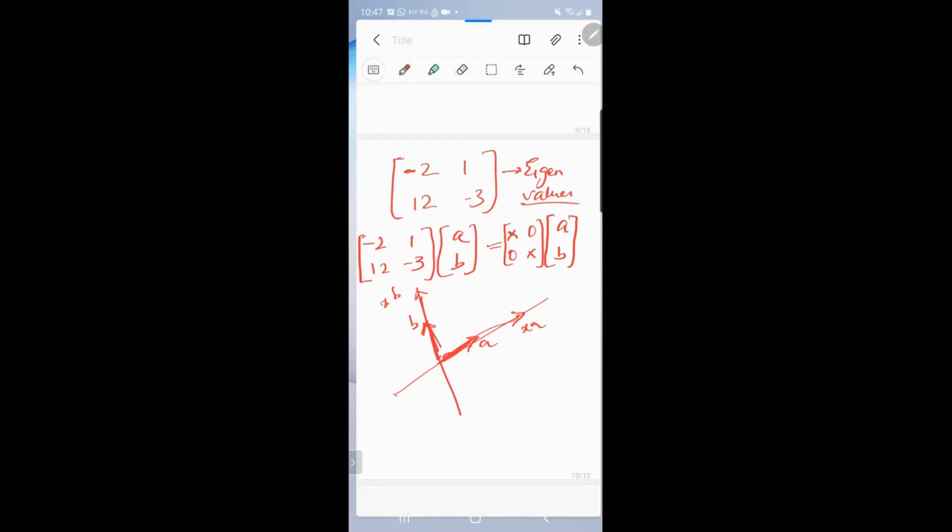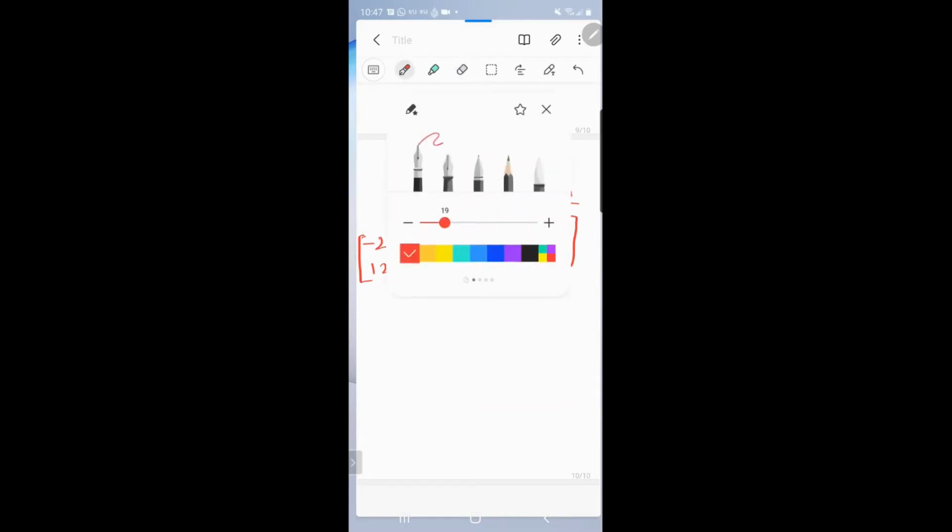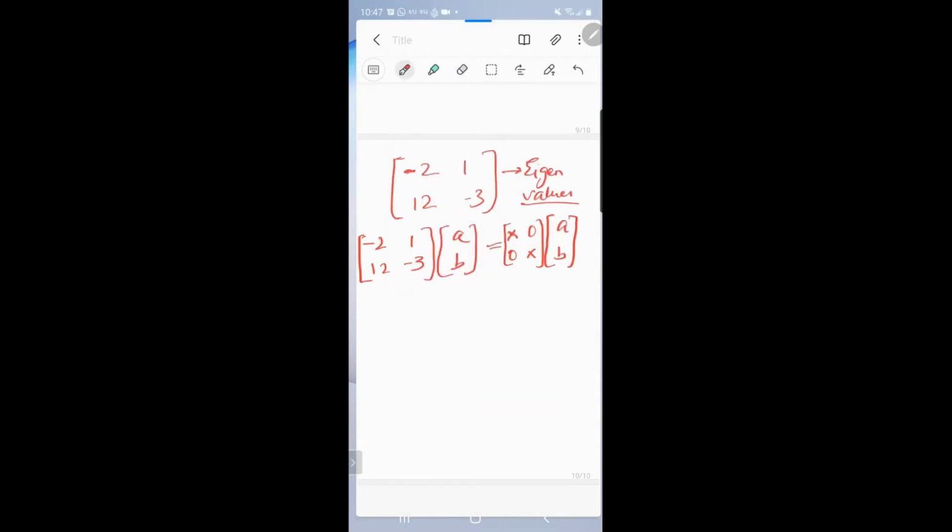So that's the idea. The vector ab's position has not changed, but it has increased or decreased in length. Its direction is the same. So now I take this to the left side. We get minus 2 minus x, 1, 12 and minus 3 minus x times AB equal to 0, 0, right? This is like your basic linear algebra with just matrices.